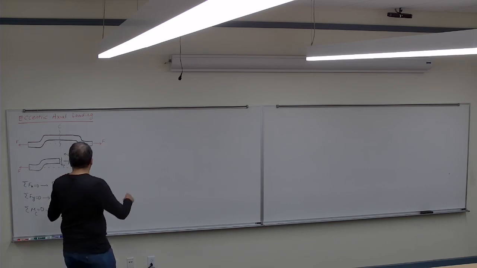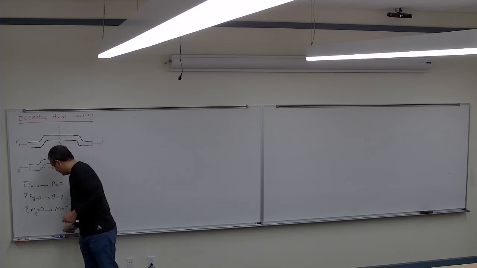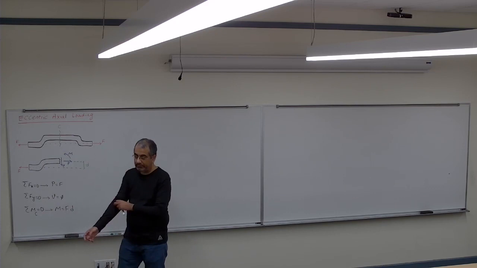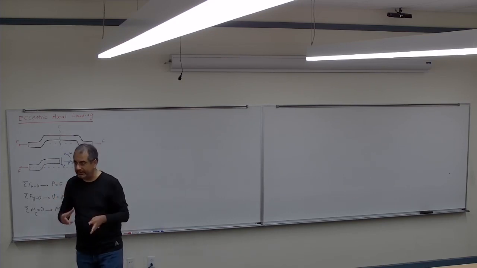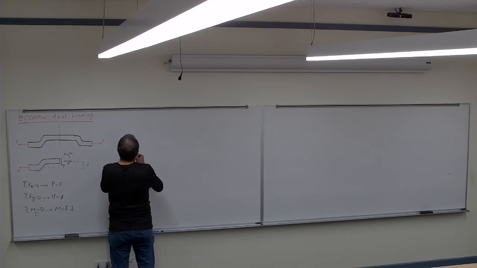If I want to draw that cross section big to see what happened for the stress, there are two parts. One part is the axial load, and the second part would be the bending.